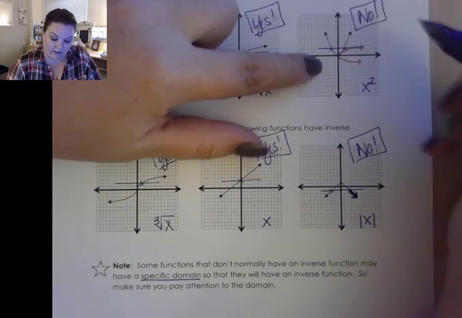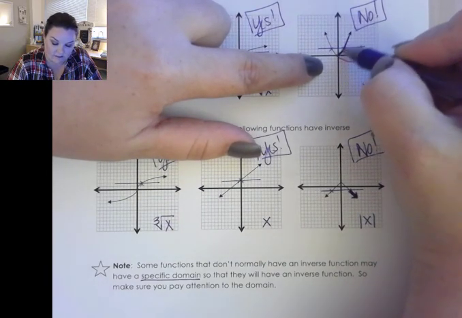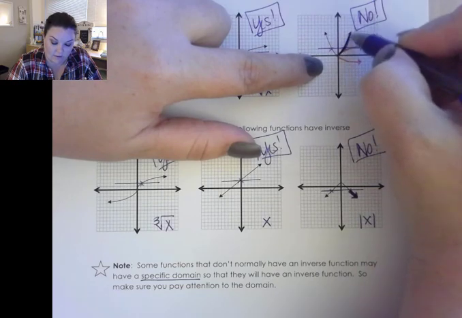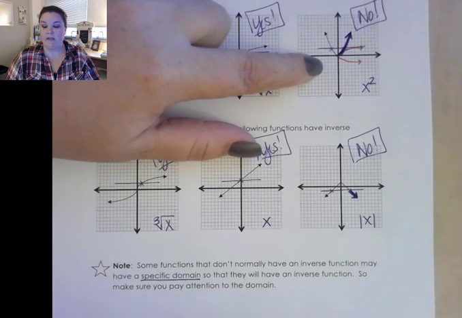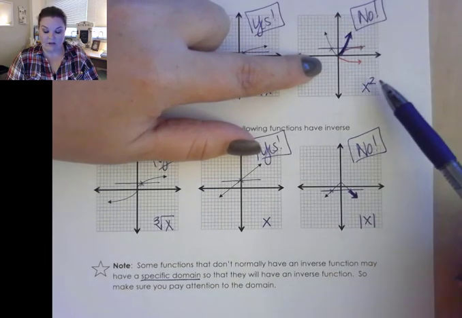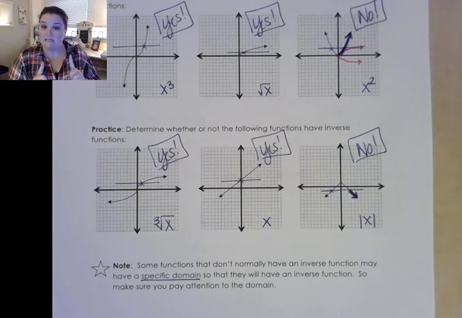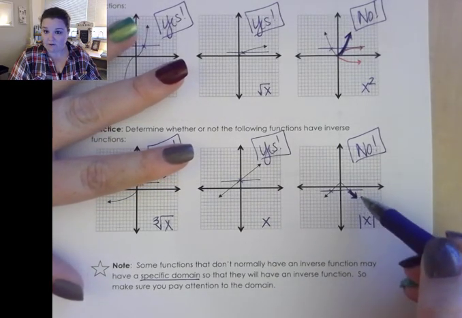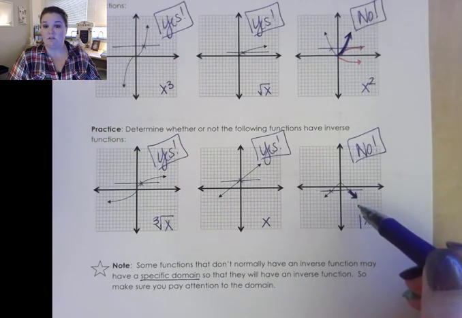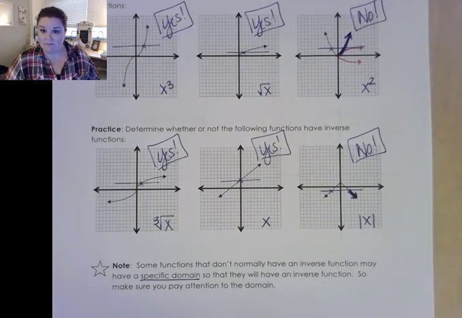Or maybe if I take this parabola and I only look at this half of it, this side of it, this bold piece, right? Would that by itself pass the horizontal line test? And it would. So if you're given just a regular x squared or absolute value, you can say, no, it doesn't have an inverse. But if they have restricted the domain so that the piece that is left, or the piece that you're actually considering, passes the horizontal line test, then it is possible for a parabola or an absolute value to have an inverse, okay?